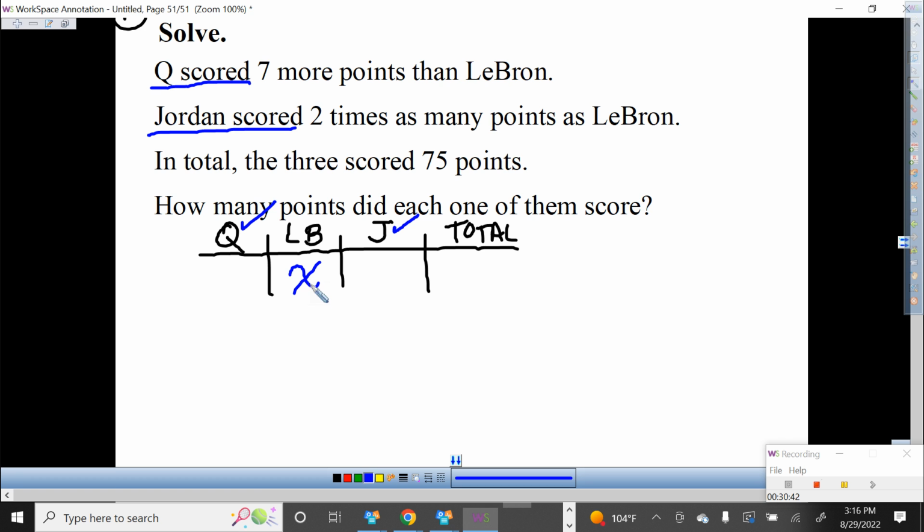And now we can actually go and fill in the information for the others using X. Let's see. Q scored 7 more than LeBron. Tell your neighbor, if LeBron is X, what will you write for Q? 7 more than LeBron. Let's see, Jennifer, what would you write? 7 plus X or X plus 7. That is correct.